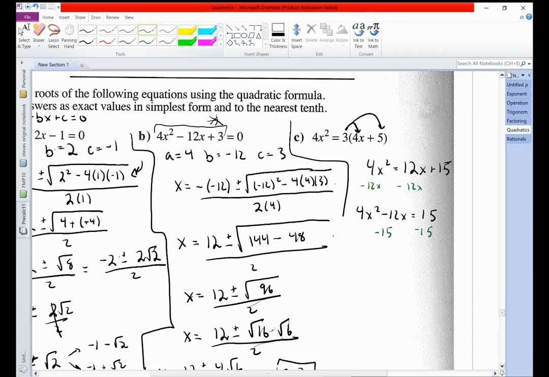And now you have 4x squared minus 12x minus 15 equals 0. You know your a is 4, your b is negative 12, and your c is 15. And now you can use the quadratic formula to find your roots. Cool. I'm going to leave that one there.